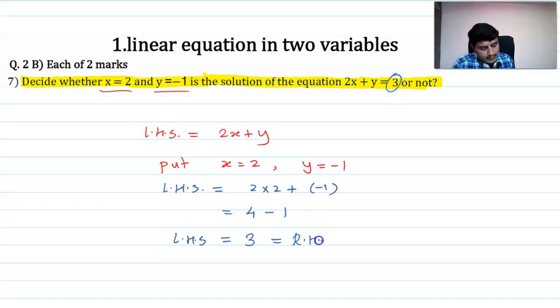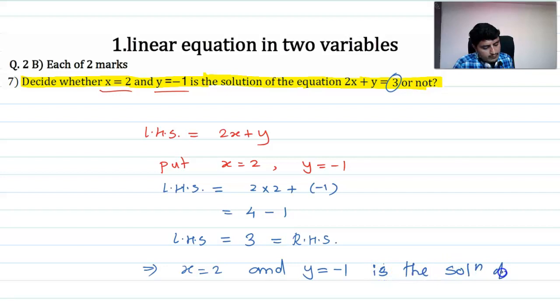So once LHS equals RHS, it implies x equals 2 and y equals minus 1 satisfies the given equation. That means x equals 2 and y equals minus 1 is the solution of the given equation 2x plus y equals 3.